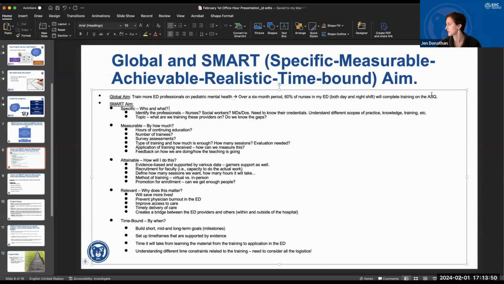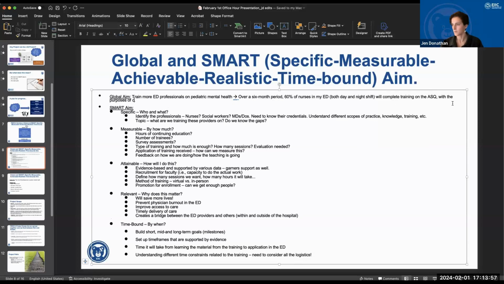Sure. The more specific, the better. So that's great. If you have 100 ED nurses between both shifts, you're aiming that at least 60% of them will have completed that training, all contributing to your goal of creating a safety plan.